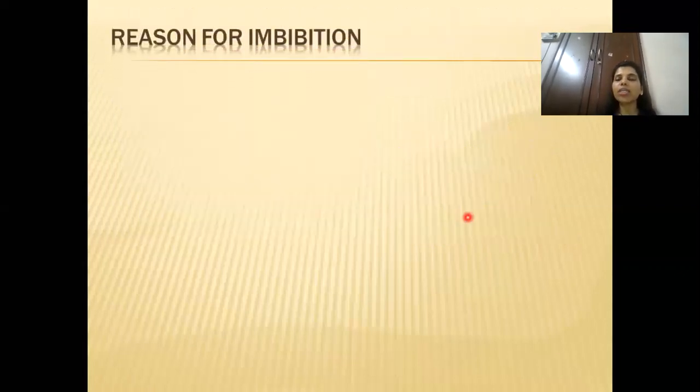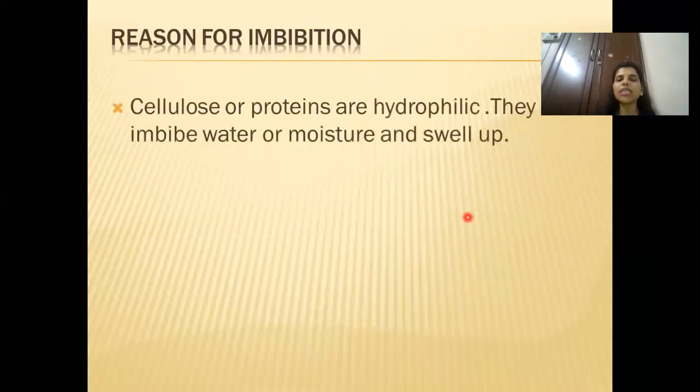Now we have to understand what the reasons of imbibition are. First thing is cellulose or protein. So the cell wall is made up of cellulose, as we have learned in standard 9, or sometimes it is made up of protein. Both of these, cellulose and proteins, are hydrophilic. Hydrophilic means they like water.